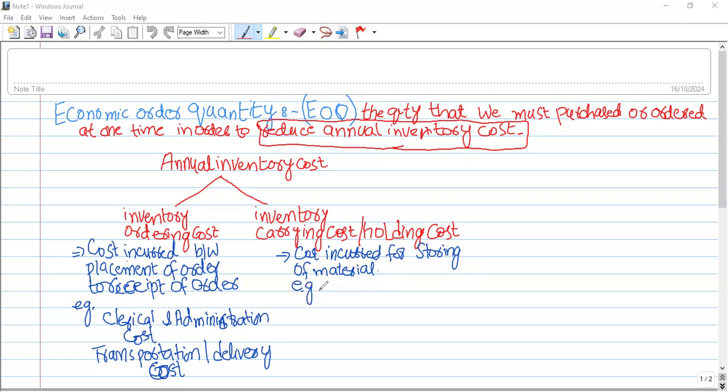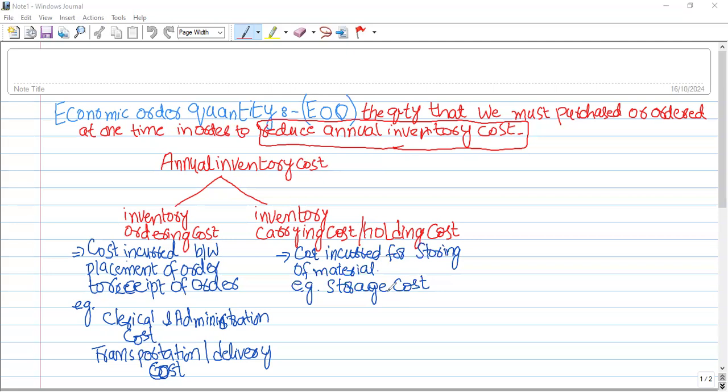It includes storage cost. In storage cost, there are all the costs incurred relating to the storeroom: storekeeper salary, store manager salary, electricity expense, depreciation expense, and rent of the storeroom.